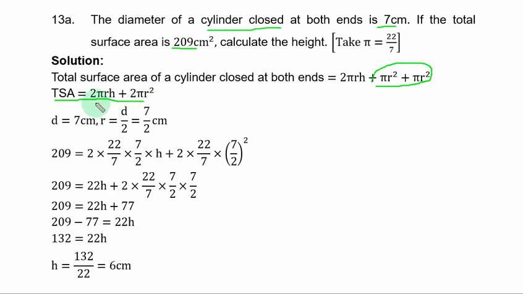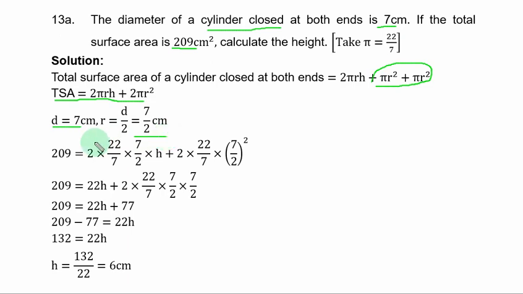From the formula, what we need is radius, but you have diameter equal to 7, and you should know that if you divide diameter by 2, it gives radius. So radius is 7/2 centimeters.